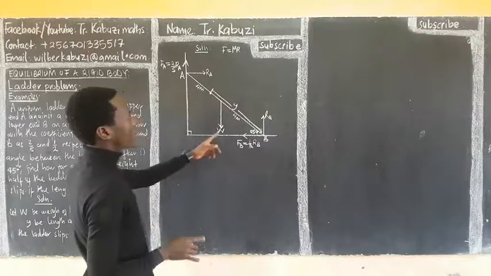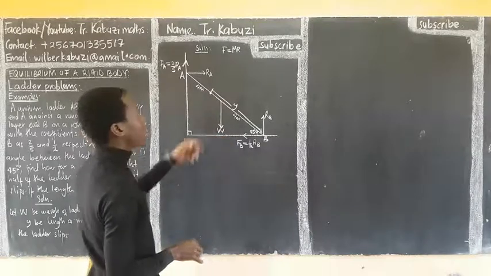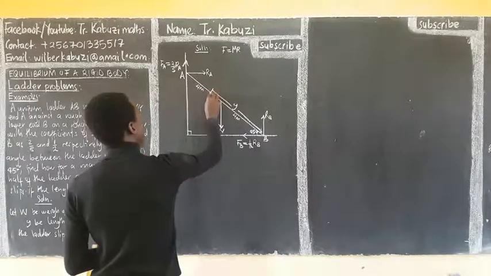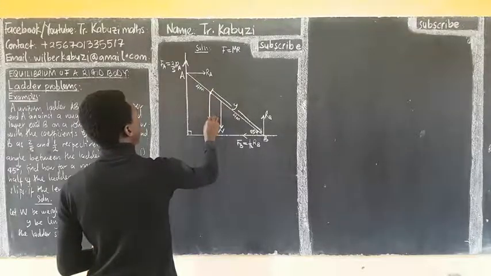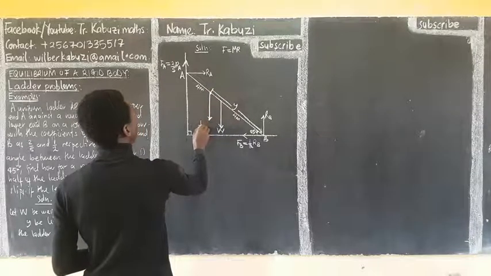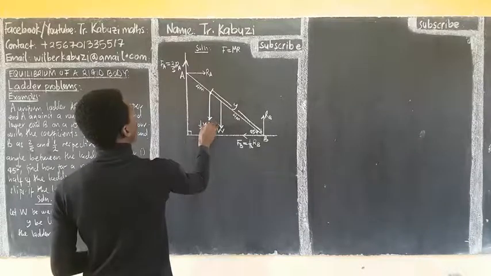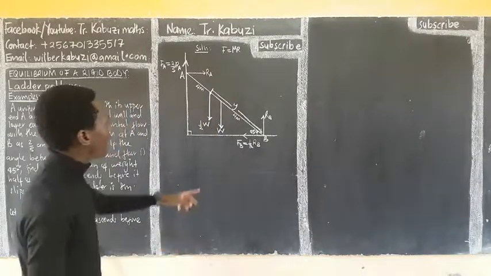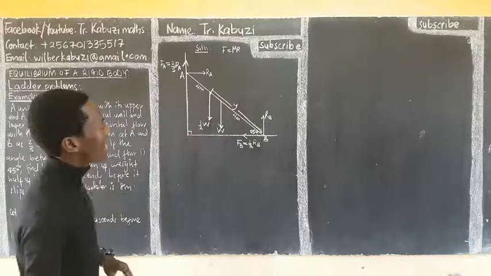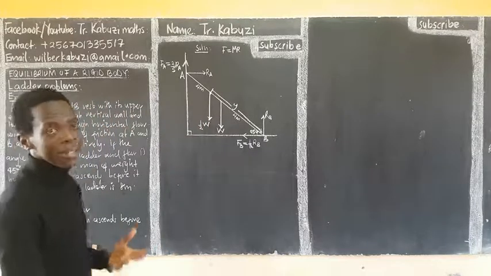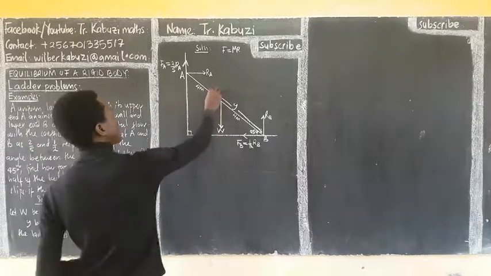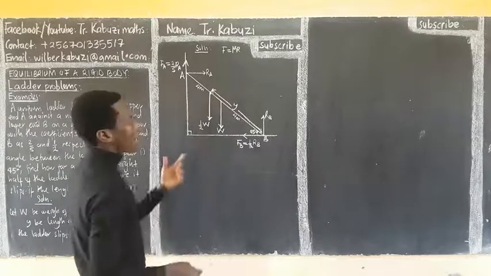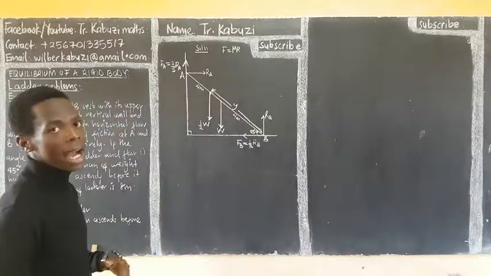But you told us that the weight of this man is a half the weight of the ladder, so it's going to be a half W. Of course, if the weight is bigger, it's most likely to break. That's why the weight is a half of that of the ladder, so that it cannot break with ease.